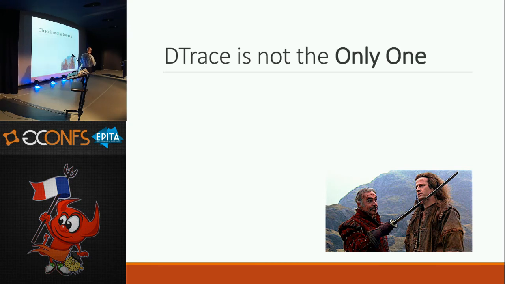I pointed out that DTrace was not the first, and wasn't even the only dynamic tracing system that had ever been built. It turns out some people on another operating system have built a tracing system based around BPF called eBPF.